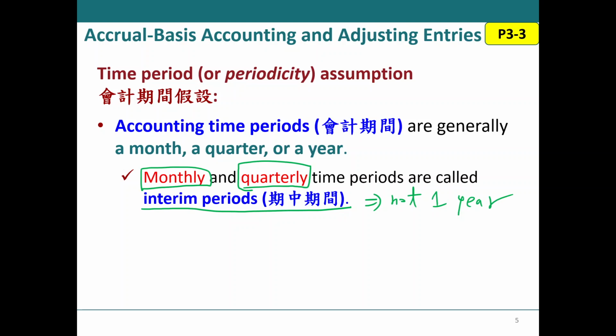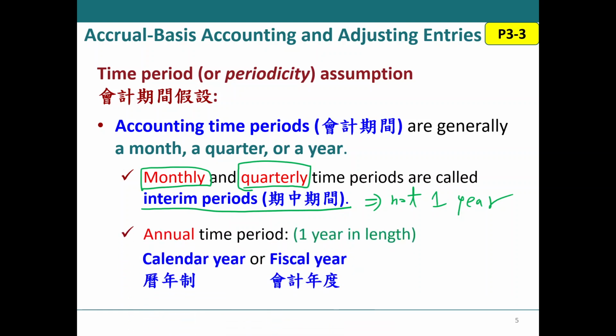Then how about when the time period is 1 year? If the time period is 1 year, sometimes we call it calendar year, sometimes we call it fiscal year.